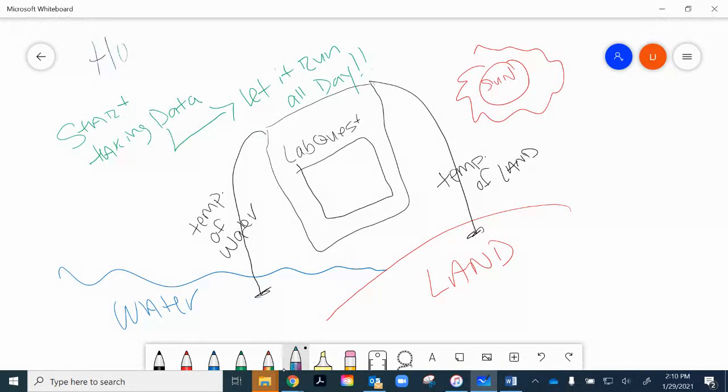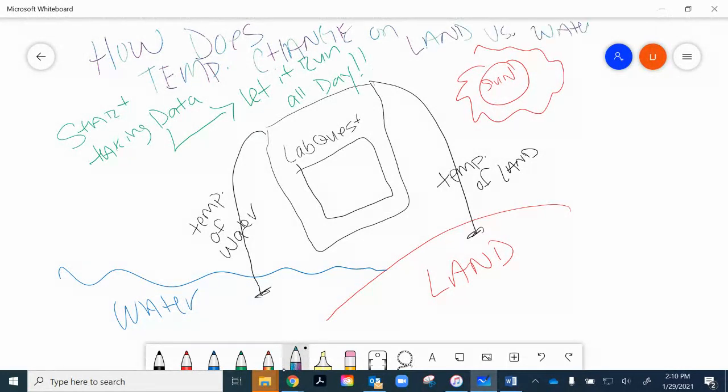So how does temperature change on land versus water? That's kind of what we're going to look at. How does the temperature change on land versus water?